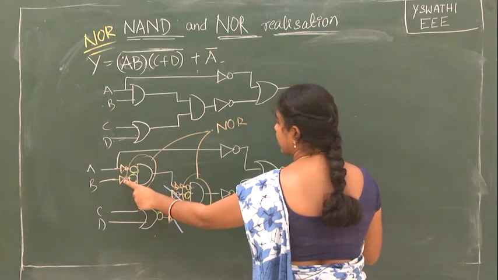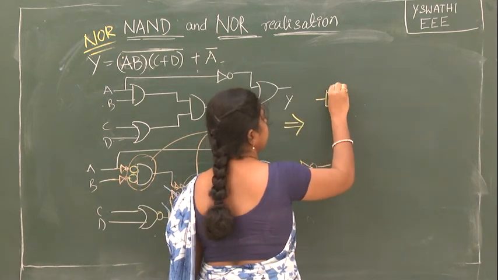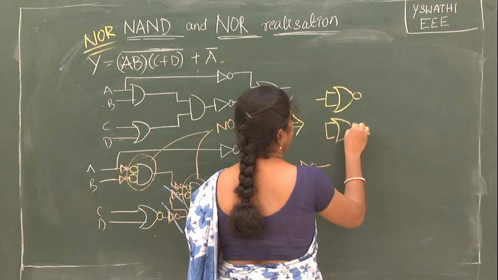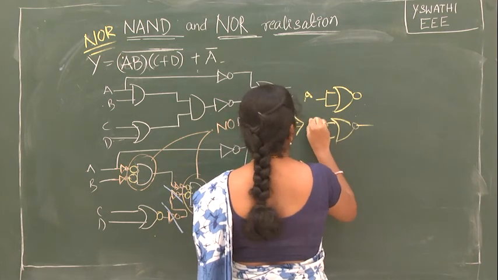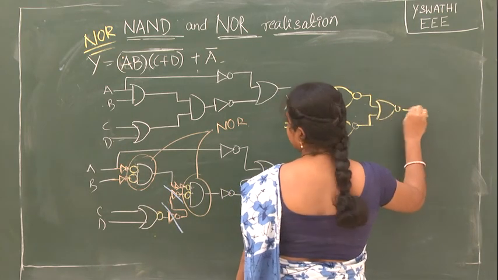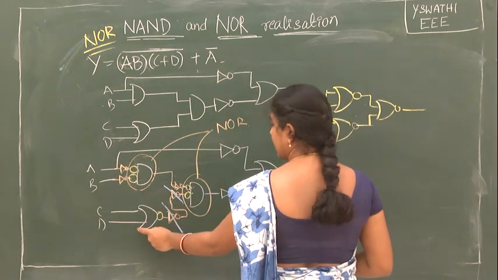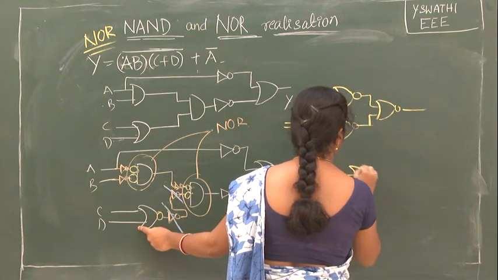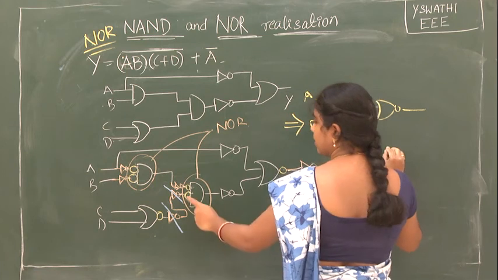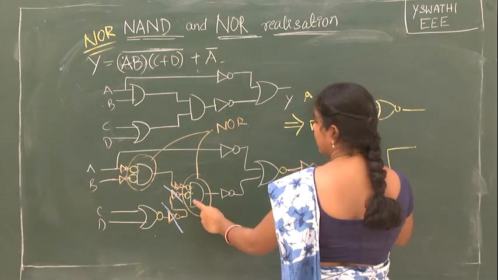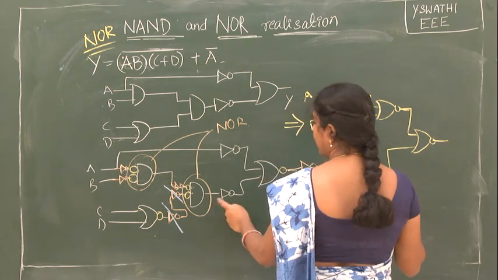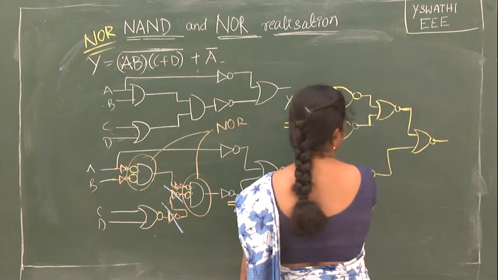Here both are NOR gates, so we should represent them as same input NOR gates. The inputs are A, B, right? So this bubbled AND gate can be represented with a NOR gate, and here C, D are given to a NOR gate, and the output is given to the bubbled AND gate, nothing but a NOR gate, and again the OR gate. Here an AND gate is there, so a NOR gate is there.